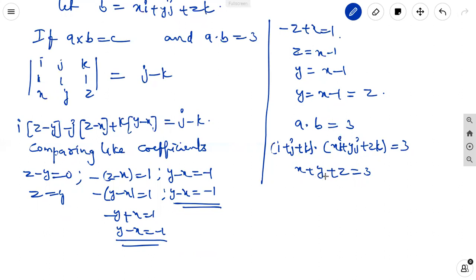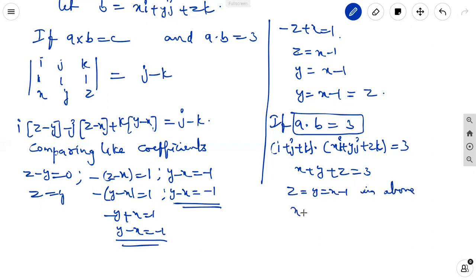A dot B is equal to 3 is one more relation, and we can take the dot product between the A and B vectors. We get the relation X plus Y plus Z equal to 3. Now we can substitute Z equal to Y equal to X minus 1 in the above.